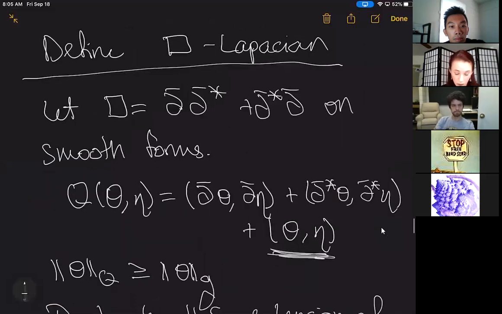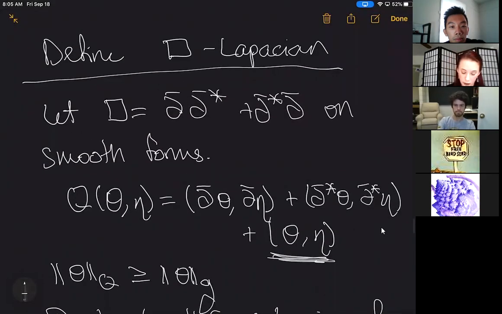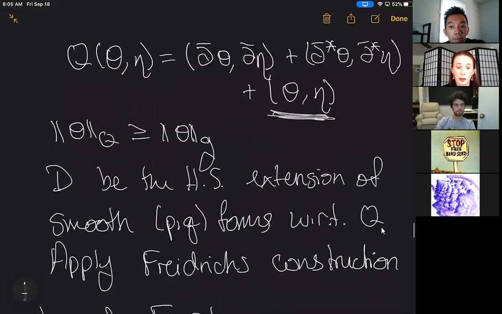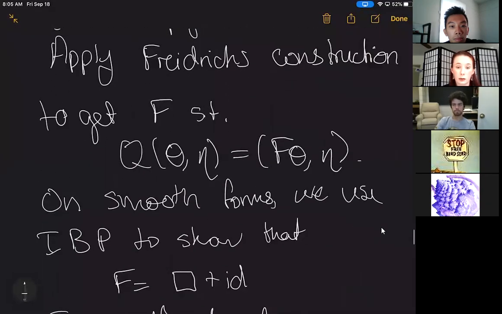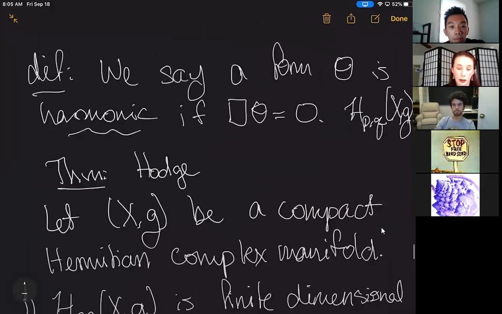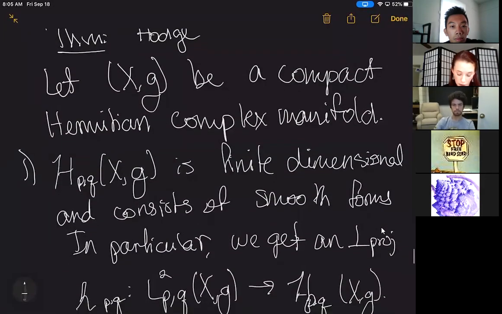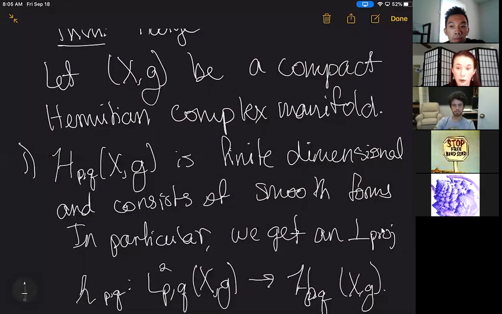All right, so now we have our expression for our box Laplacian on smooth forms. We extended it using this Friedrichs construction, and we stated the Hodge theorem. The first part of the Hodge theorem has to do with results regarding harmonic forms, which we defined as the kernel of our box Laplacian.